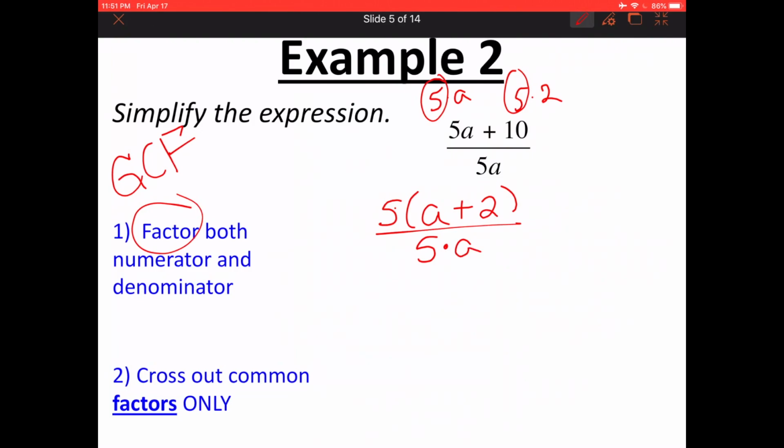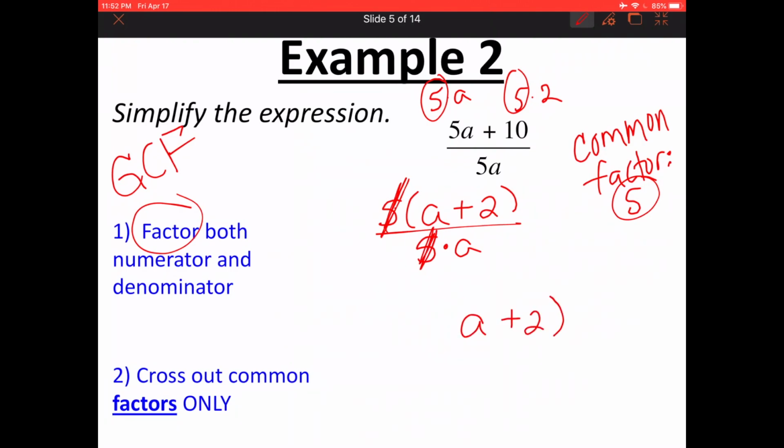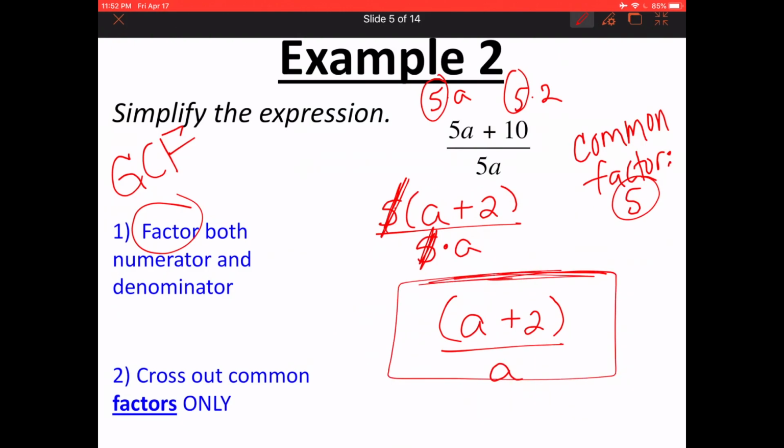So what is my common factor? The numerator and the denominator both share a 5. That's it. So I cross out the 5, and my final answer would be a plus 2 over a. And this would be my final answer. When they say simplify the expression, that's what you would tell me. A plus 2 over a. Okay?